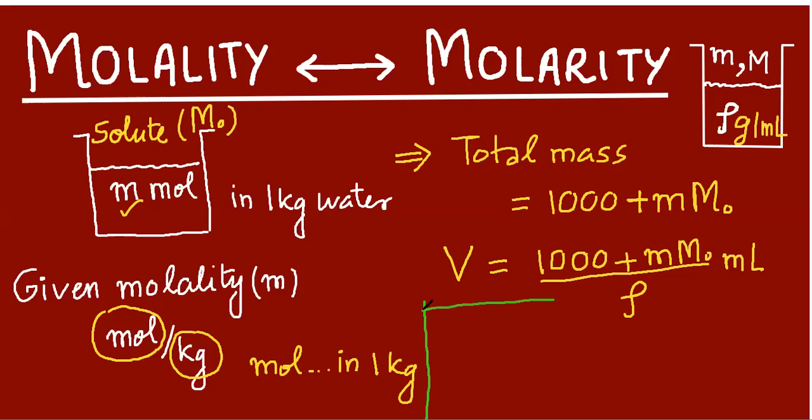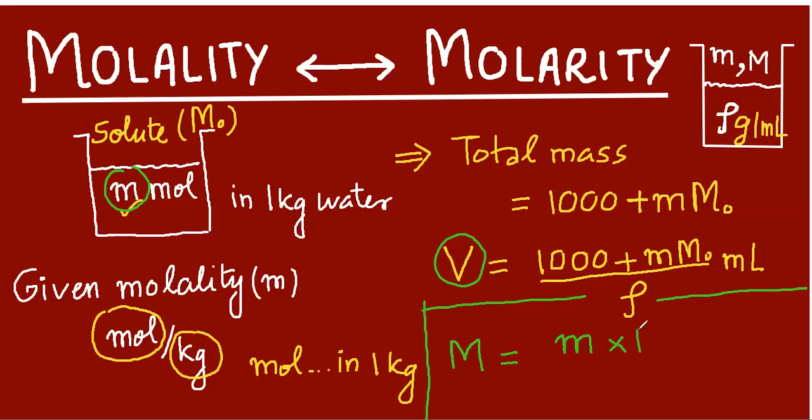Tell me what is required for molarity. Your guess is right. We require moles of solute again and volume of solution. So finally, if I write molarity, which is capital M, it is basically the number of moles of solute, divided by this, into 1000. So if you beautifully express everything, then you will end up with this beautiful expression.